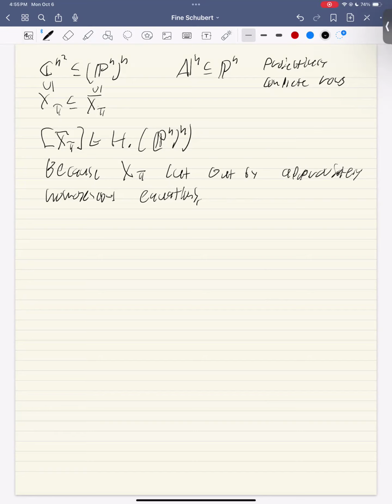The consequence is that if I take the closure, the homology class of the closure of the initial degeneration is equal to, right, the initial degeneration is a subset of C to the n squared, and I take the closure, I get something in Pn to the n squared, and that is equal to the homology class of the closure of x pi.